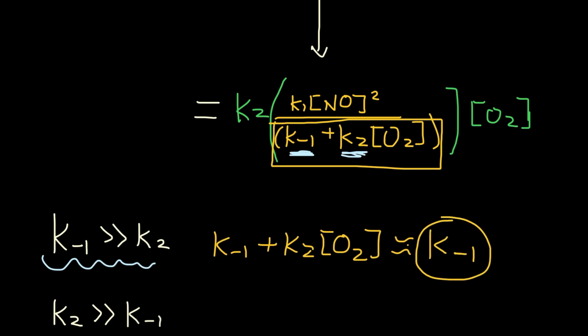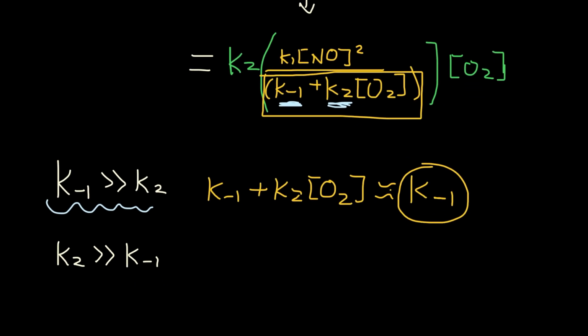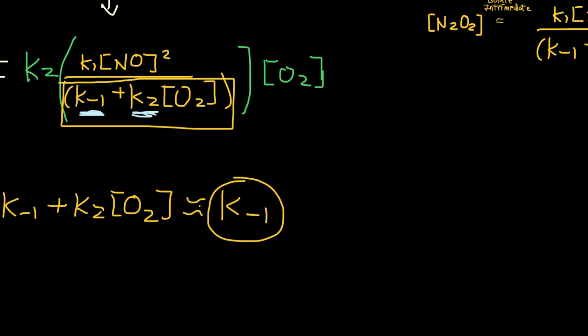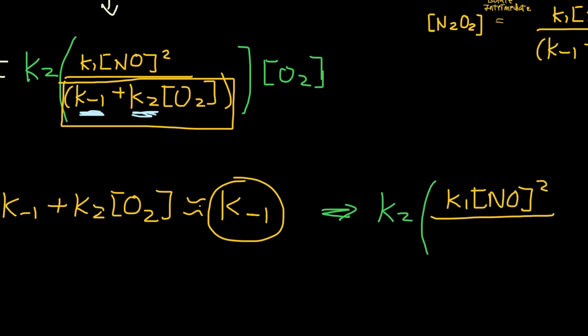So instead of writing all this fancy stuff, we can just write K -1 in the denominator. So let's model that. This would become something like K2, K1, and then this is our K -1.